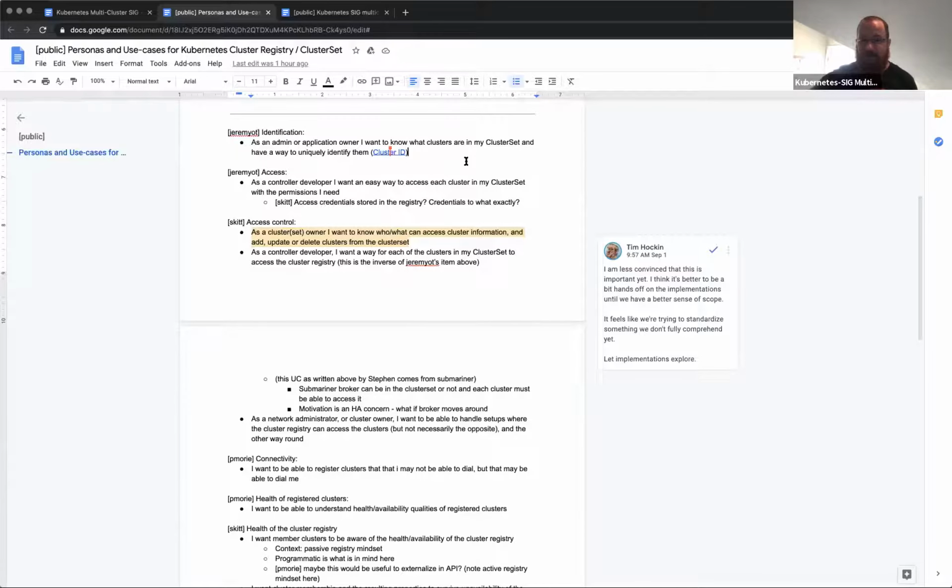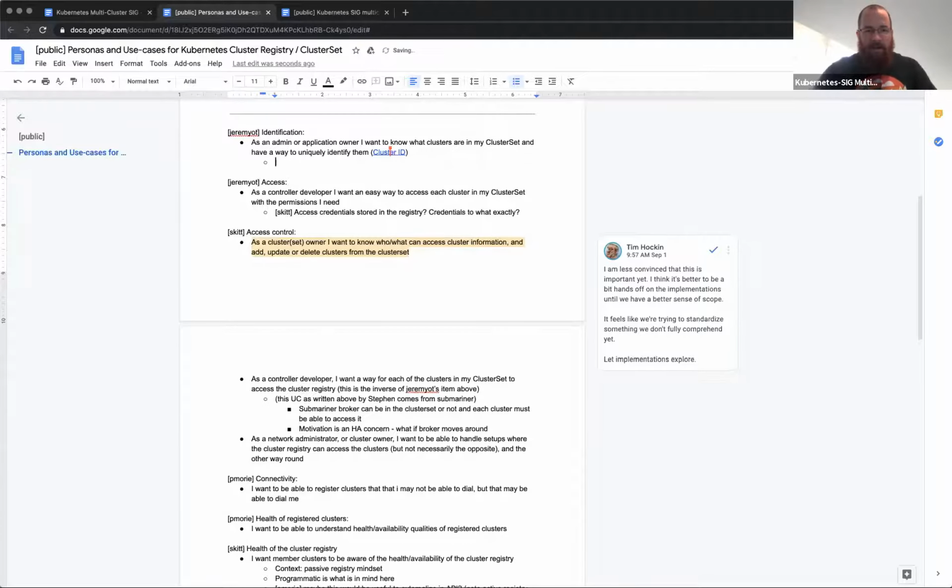Because when you have that many clusters, as a user, are you manually selecting them, or are you relying on some form of registry to select a subset of clusters for you? That would imply to me that this cluster ID should probably also support cluster labels. Yeah. I'm going to add that.